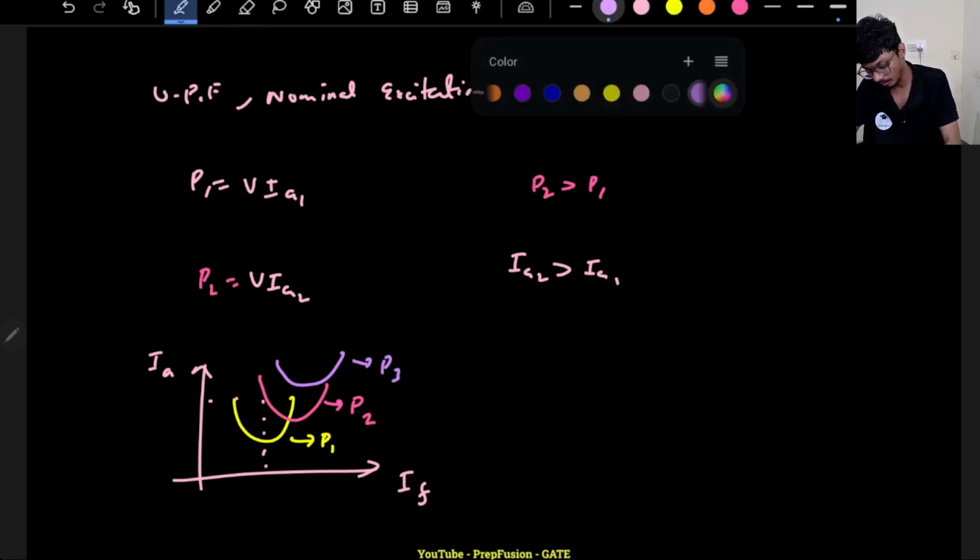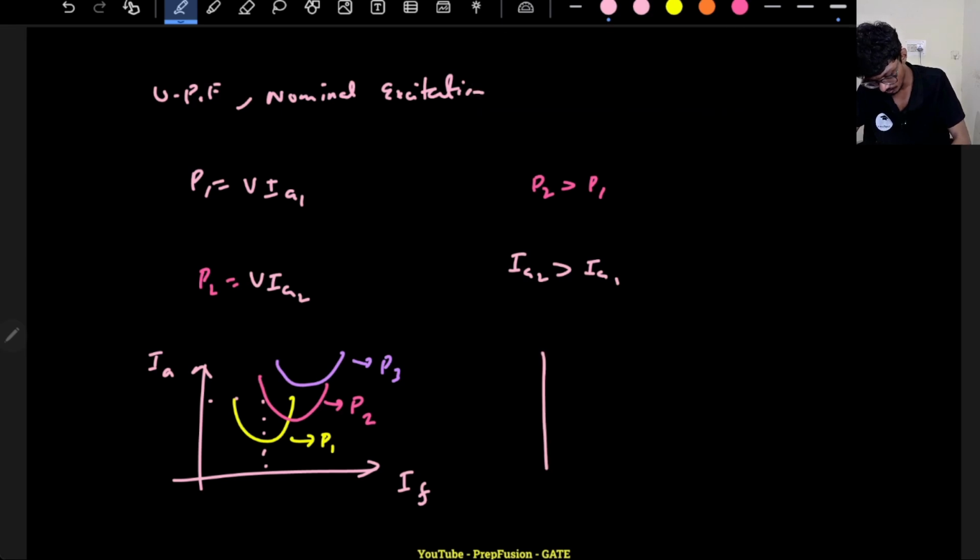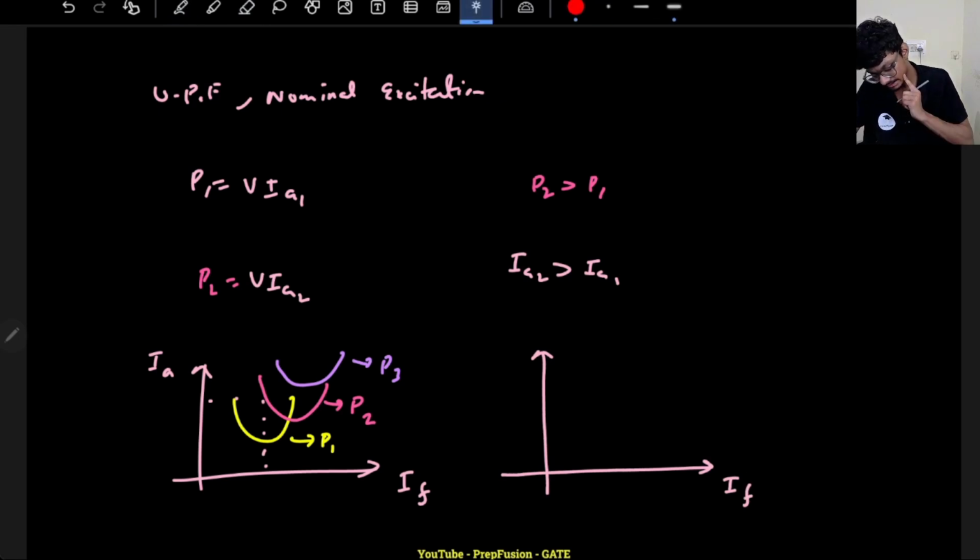What about the power factor? What will happen to the power factor? This is my cos theta. Now, this was for the armature current.